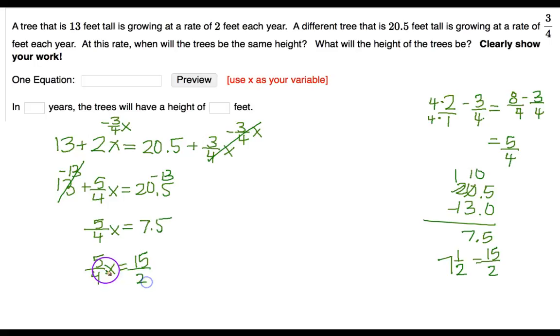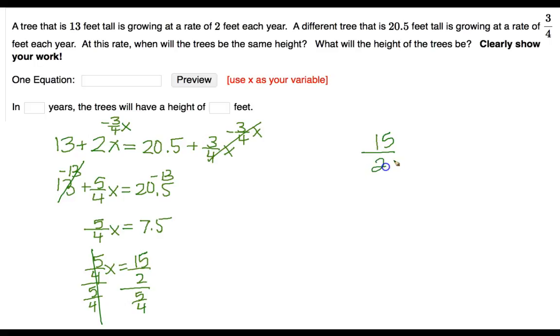So all I'm going to have to do to solve for x is divide both sides by 5/4. This leaves me with 15 halves divided by 5/4. You want to be careful. This is where a lot of students make mistakes. Make sure the first fraction stays the same, but you multiply the second one by its reciprocal.